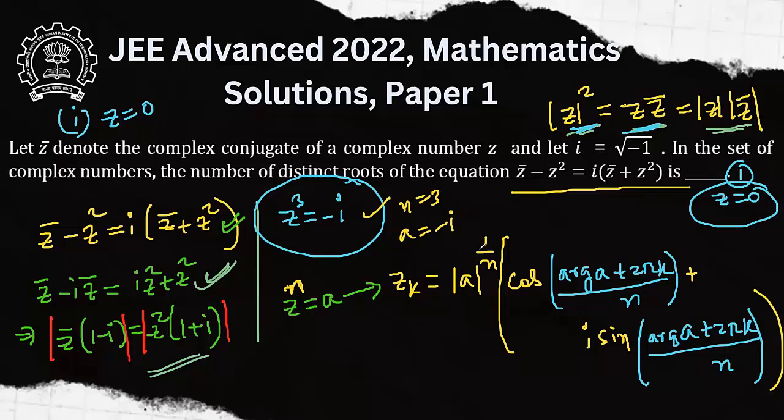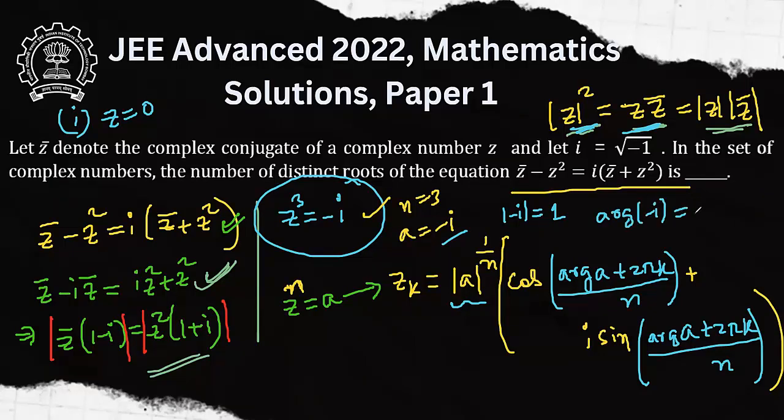What is the modulus of A? Modulus of minus I is 1. And what is the argument? Minus I is e to the power minus pi by 2 I, so the argument of minus I is minus pi by 2.